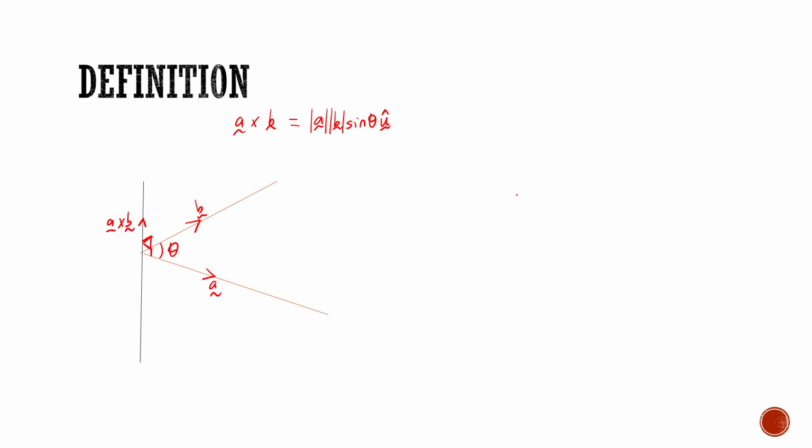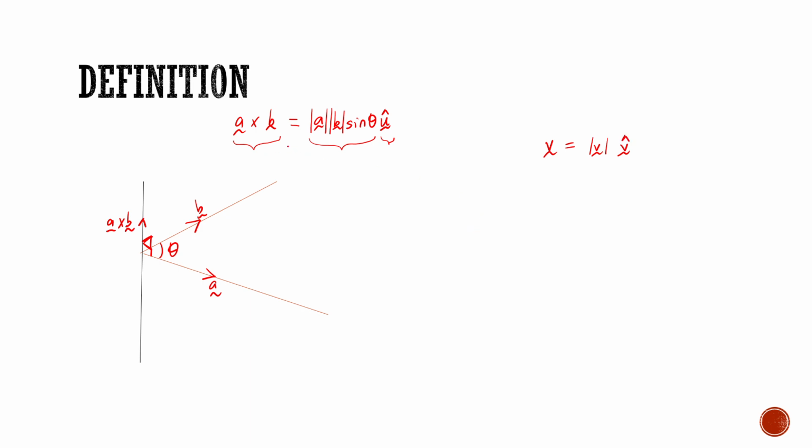Realize also that we have a vector on the left hand side and we have a scalar times a unit vector on the right hand side. Remember from what we discussed about unit vectors that a vector is equal to its magnitude times its unit vector.